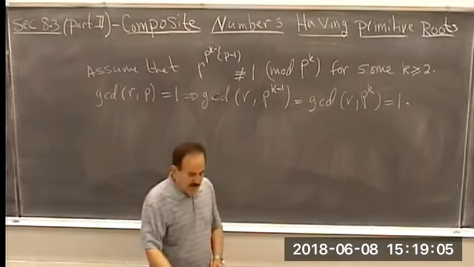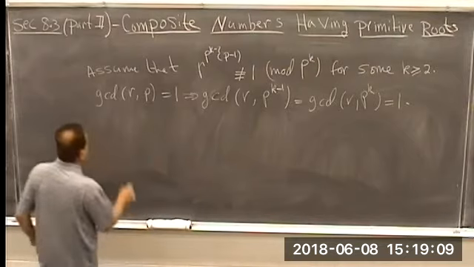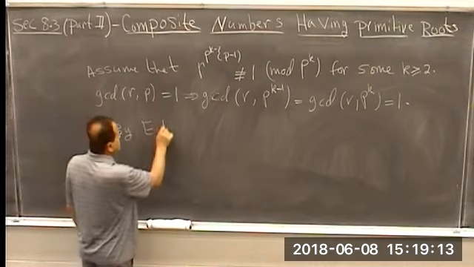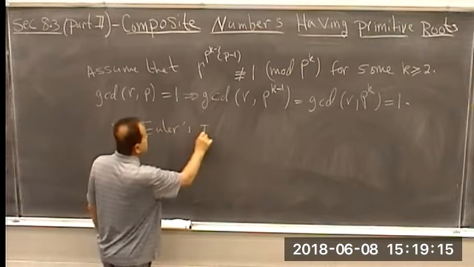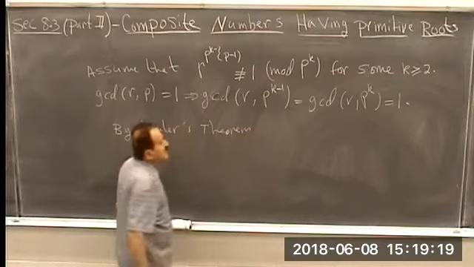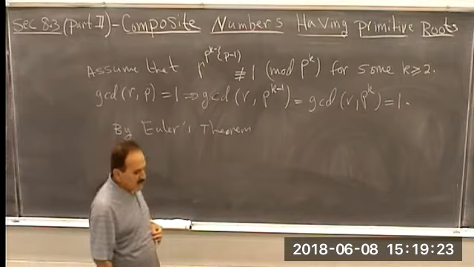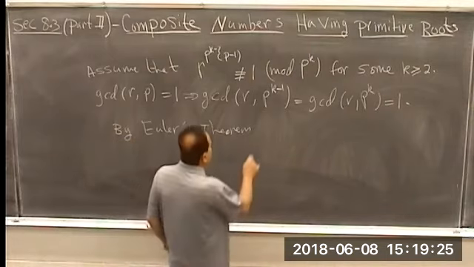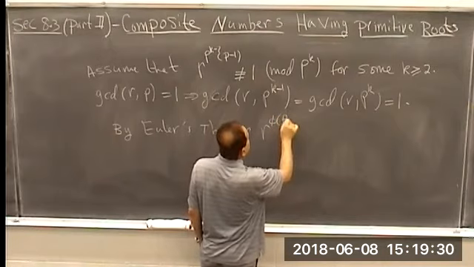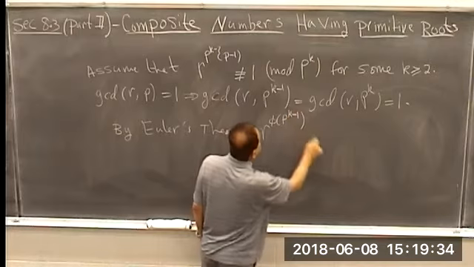Well, now we're going to apply Euler's theorem. By Euler's theorem, since all these relatively prime relations hold, I can do this for p to the power k minus 1.